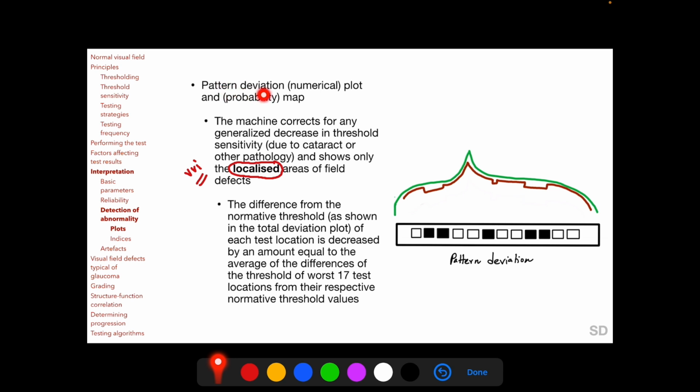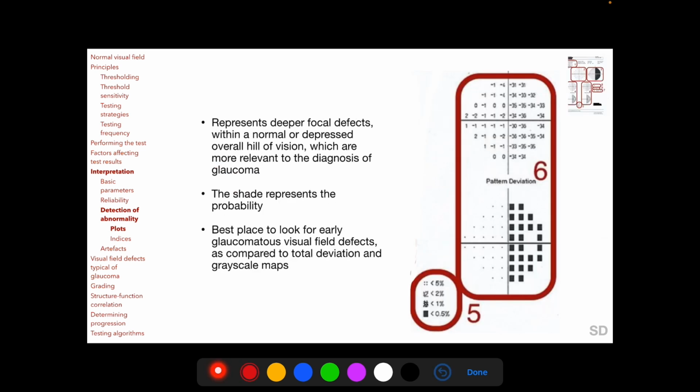So the pattern deviation plot is very important to detect localized areas of field defects which are characteristic of early to moderate glaucoma. Pattern deviation represents deeper focal defects within a normal or depressed overall hill of vision which are more relevant to the diagnosis of glaucoma.